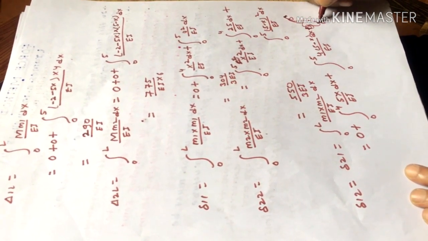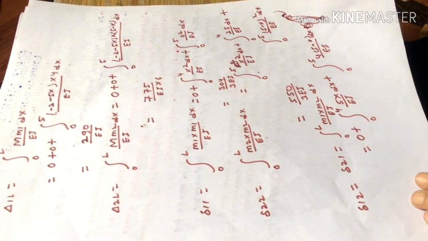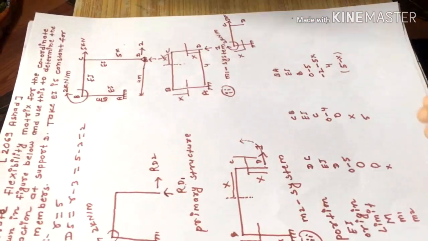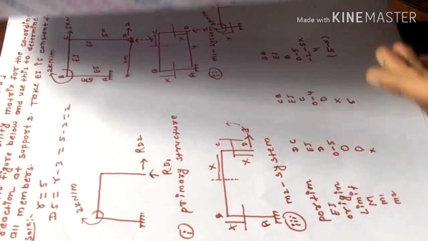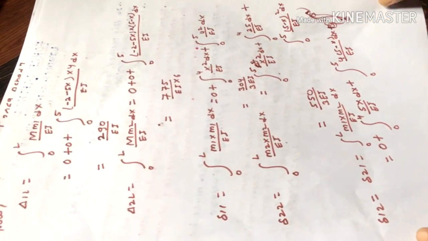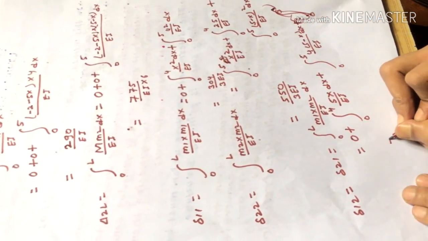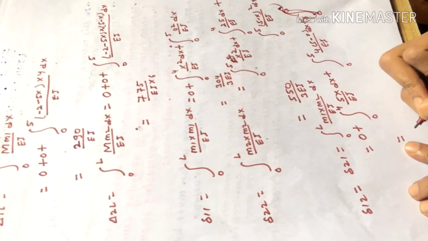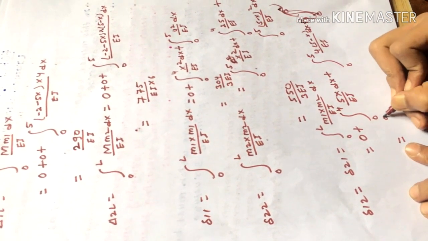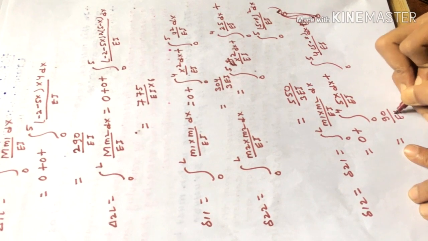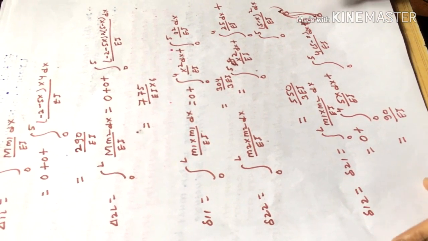So there are only 3 portions. Now let us calculate. In the table you can see the portions are DC, CB, BA. On calculating, we get the result as 90 by EI. You can calculate this using the calculator.